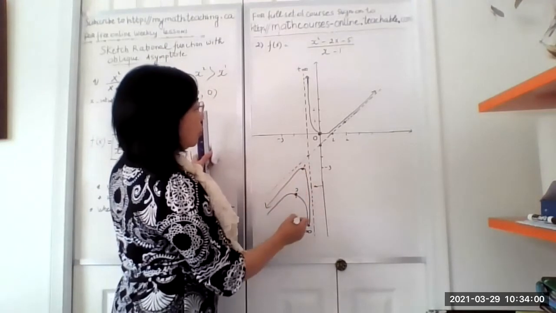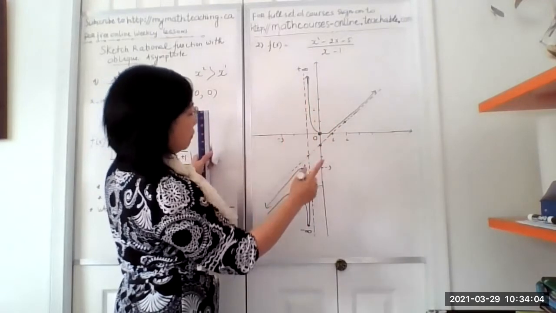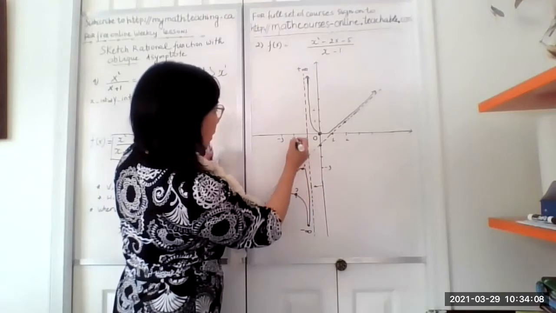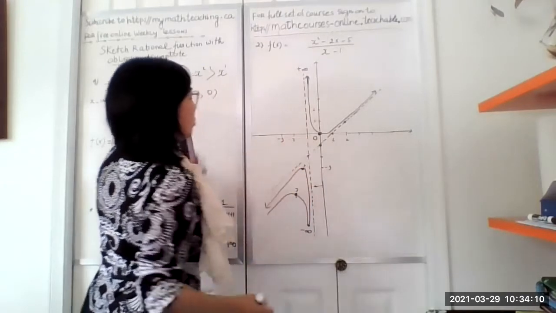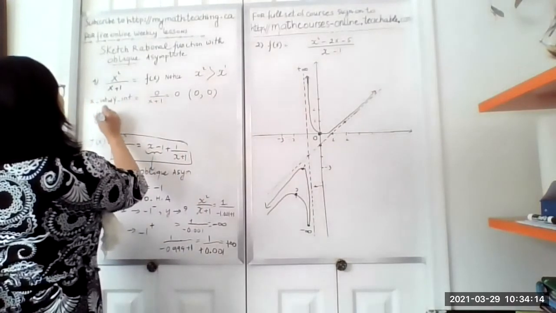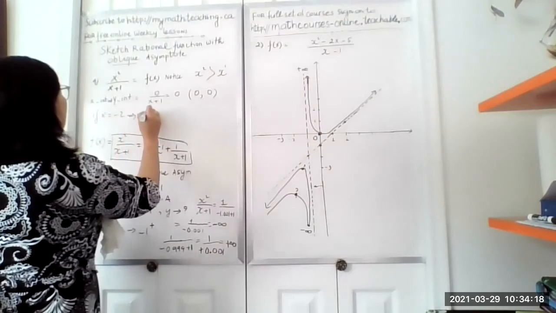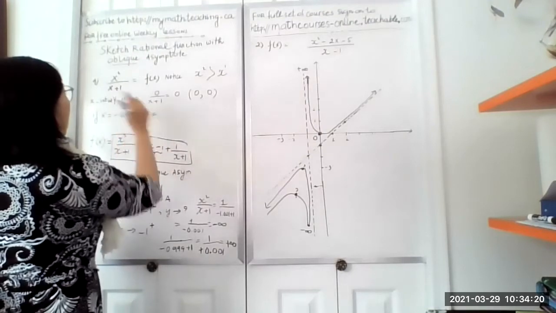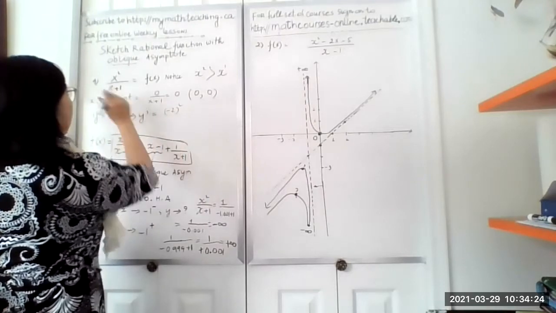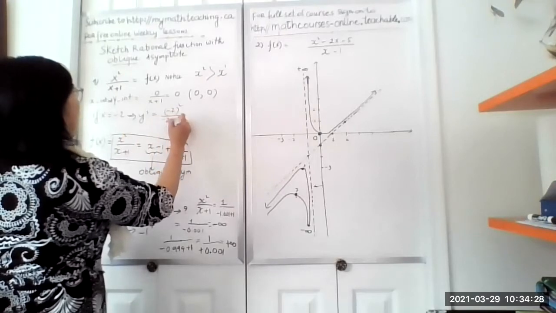So the only way we know is to substitute one point, right? Substitute an X value. And what X value can we find? Maybe -3 or -2. I'm going to pick -2, right? So put in this function, if X equals -2, find out what Y equals. And Y will equal -2 squared, based on this function, divided by -2 plus 1.